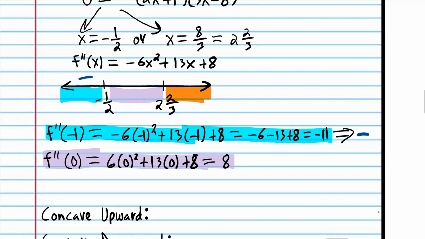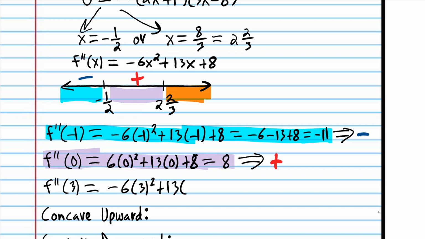So it looks like we get +8. So obviously that's a positive number. And I think 3 would be a good number for the orange region.